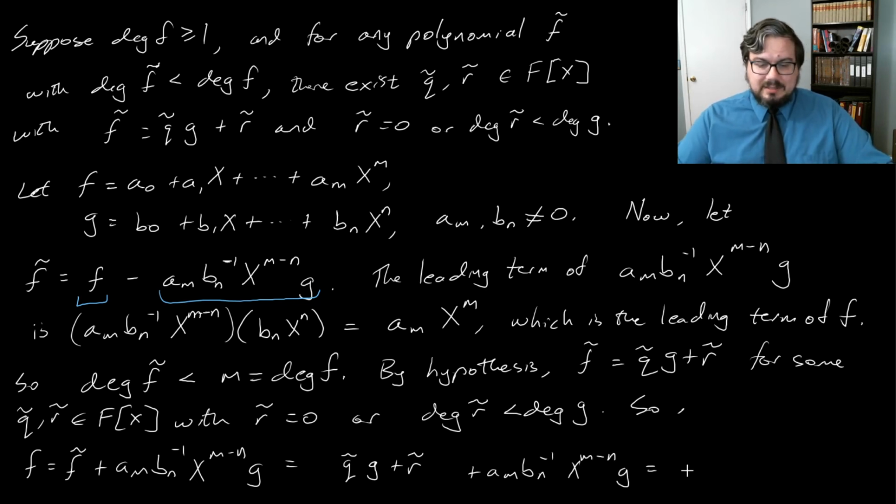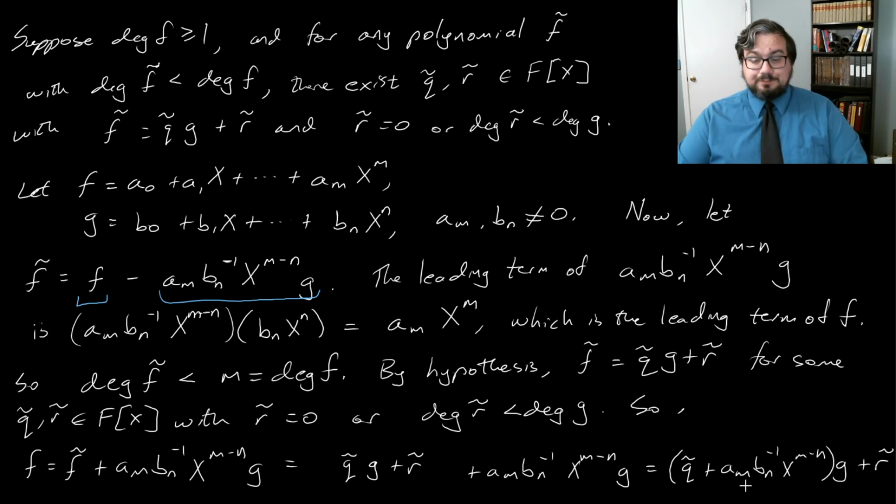And combining these together, we get q tilde plus am bn inverse x to the m minus n, times g, plus r tilde.